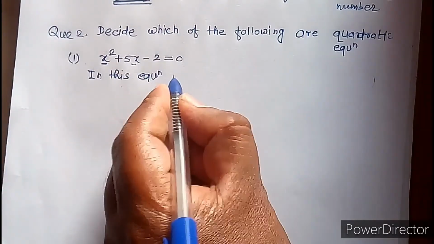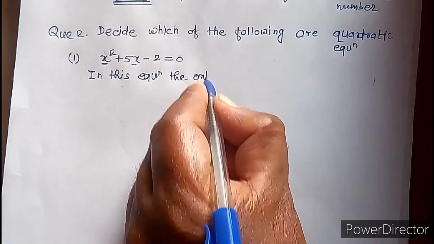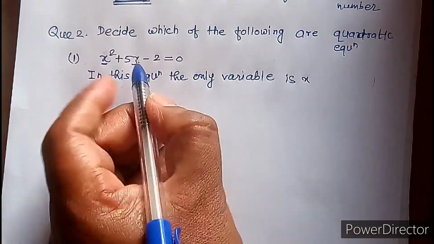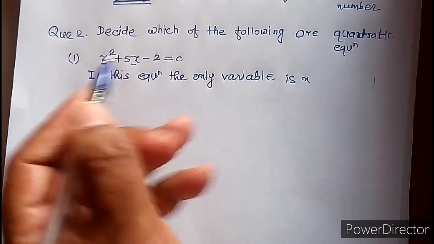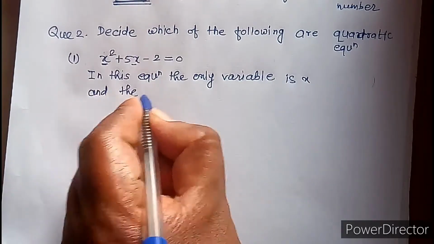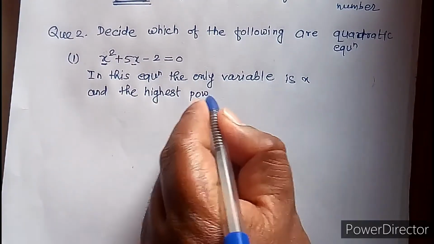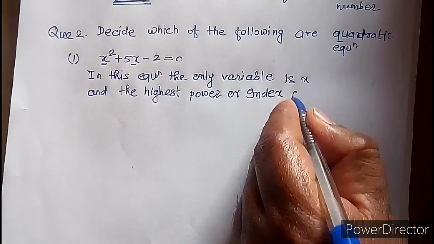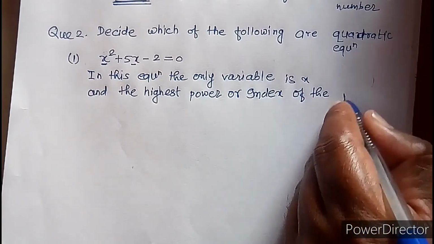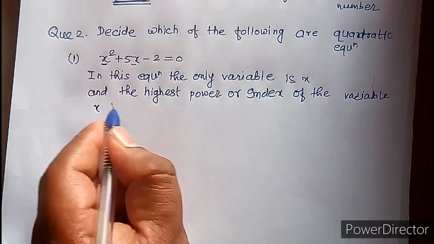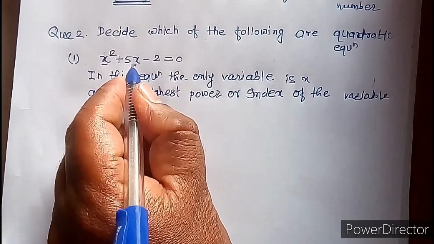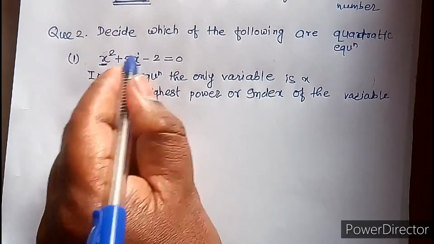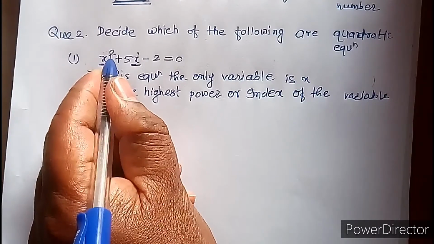In this equation the only variable is x, means this equation consists only single variable, that is x, and the highest power or index of the variable x is, now here the index or power of x is 1 and the power of x is 2 here, and 2 is greater than 1, therefore the highest power of the variable x is 2.